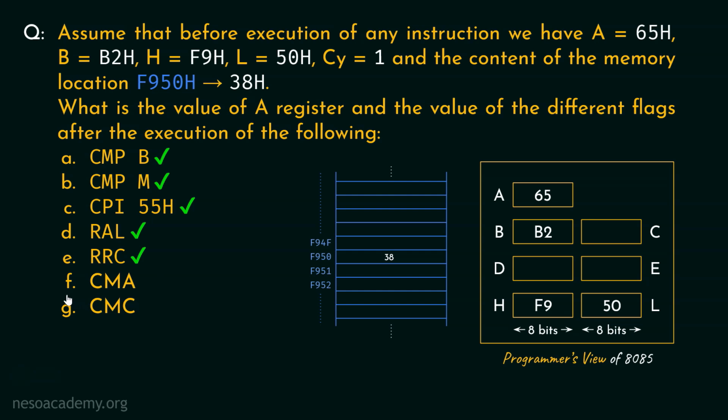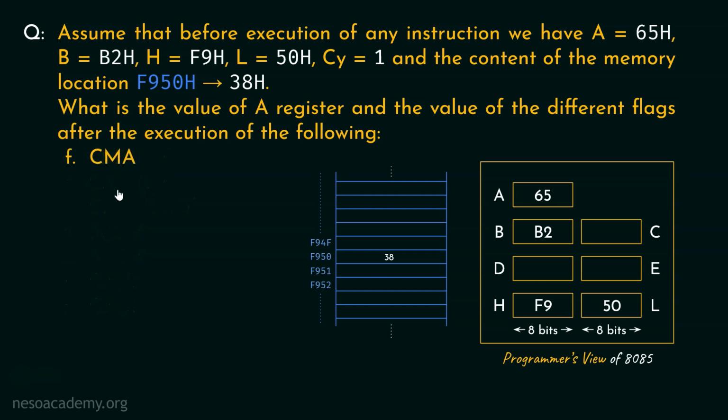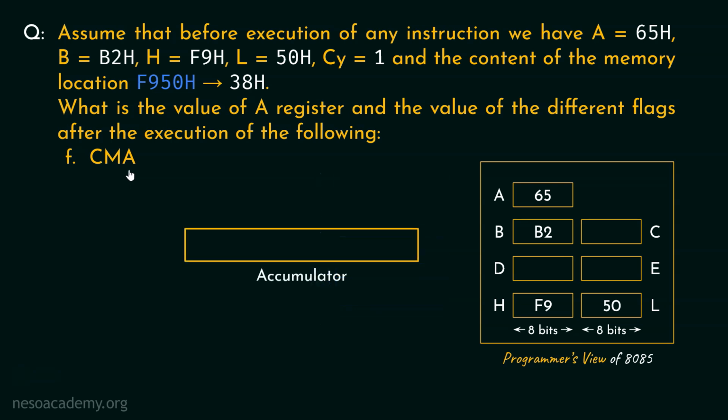Let's now focus on the next instruction, that is CMA. Now I hope you remember that the instruction CMA stands for complement the contents of the accumulator. Now within the accumulator, we have got 65, that is 0101, which is 5, and 6 is 0110.